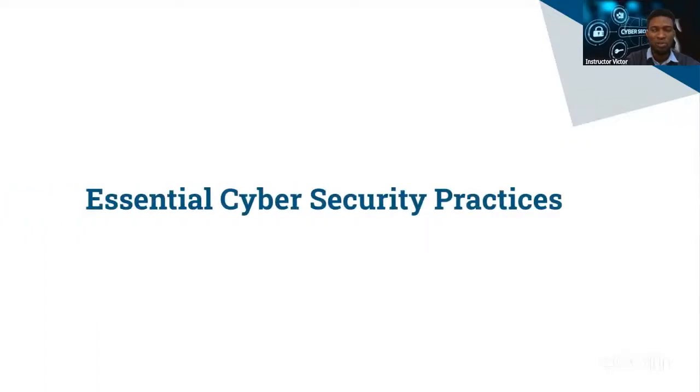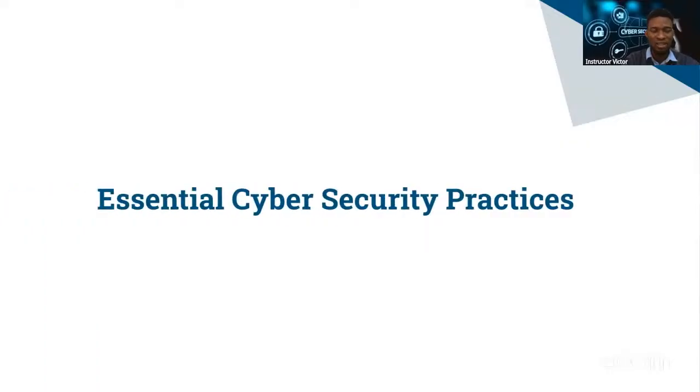I don't know if you are following me. It's what we call the CIA, capital letter CIA, and the C there means confidentiality, the I there means integrity, then the last A means availability.